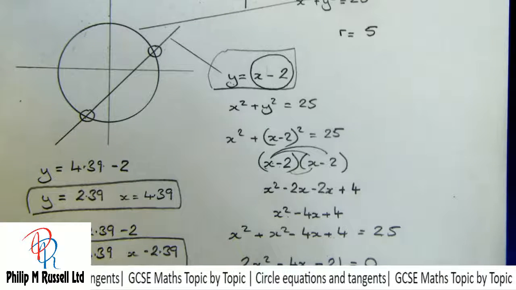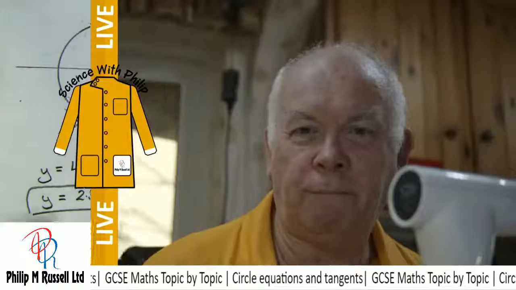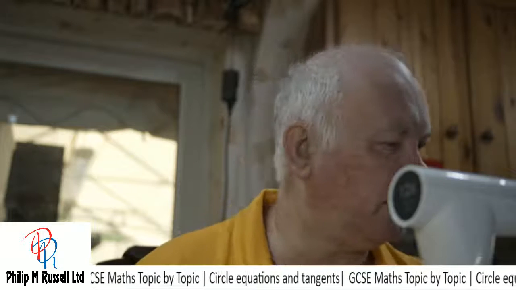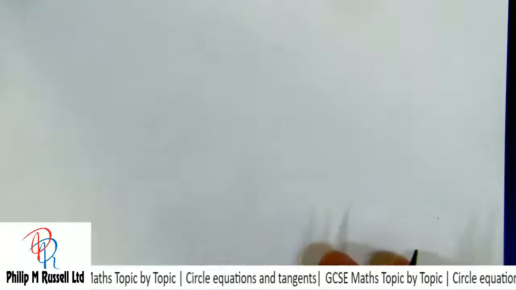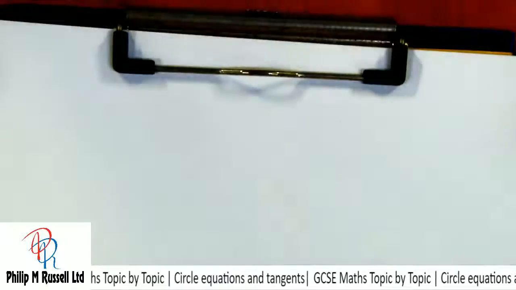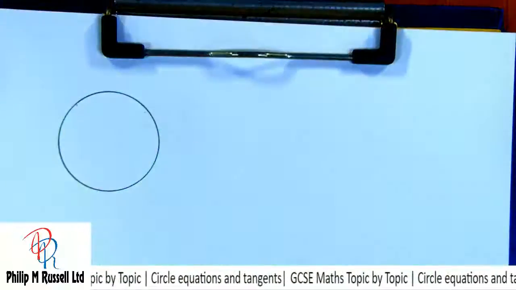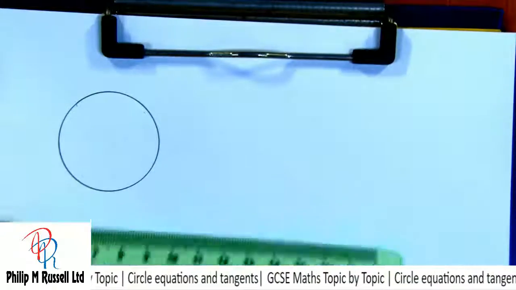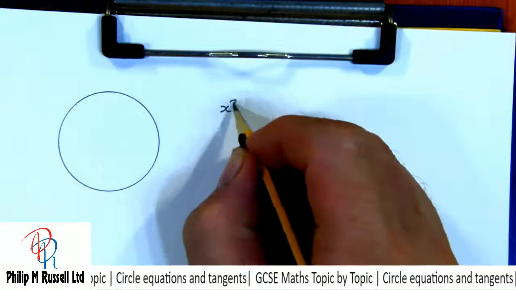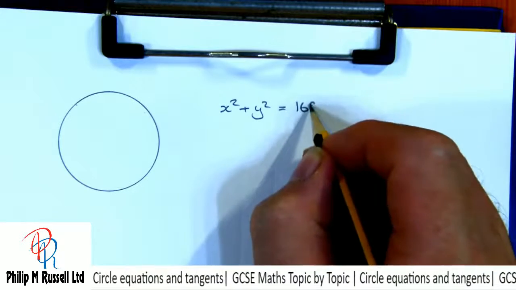So let's see if we could try solving another one of these, just to give you an idea about what we might be having. So let's draw out another one of these. I've got my circle, and I'm told that this circle might be x squared plus y squared equals 169.